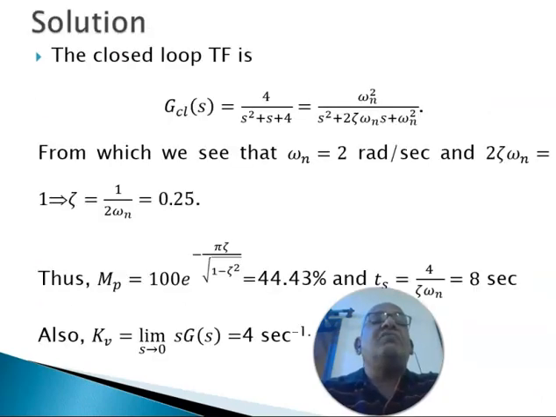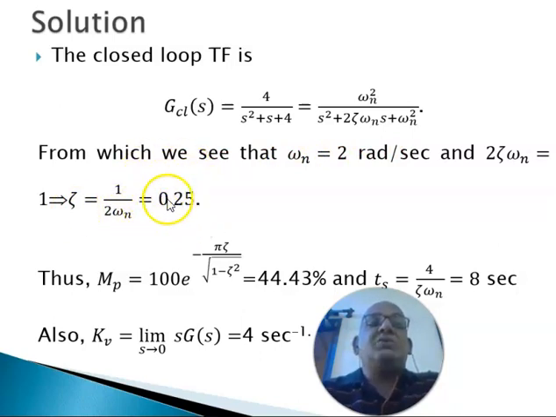To see if the specifications are already met or not, we'll try to write the closed loop transfer function G over 1 plus G, which comes out like this, from which we see that omega n square is 4, 2 zeta omega n is 1. So because omega n square is 4, omega n is 2 radians per second, and zeta is 0.25.